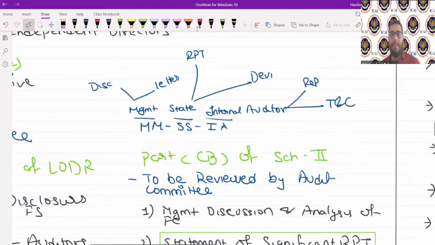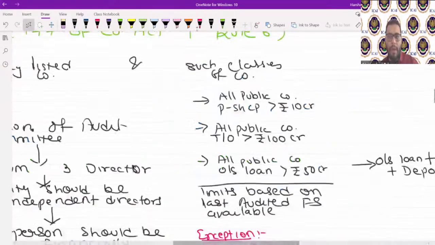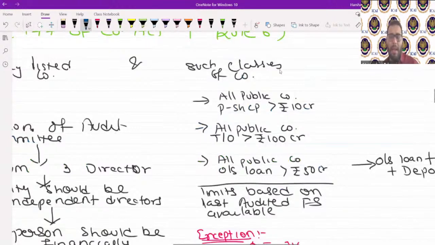The question is whether, for the audit committee classes of company in Rule 6, paid up share capital, turnover and outstanding loans are at a point in time or cumulative. So the answer is cumulative. Thank you, Vidula.